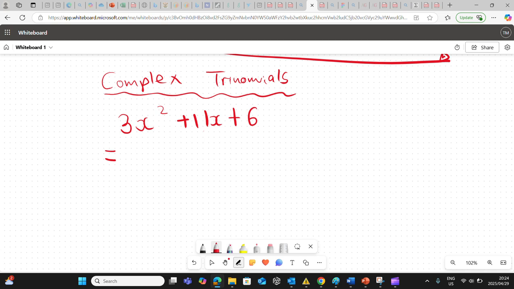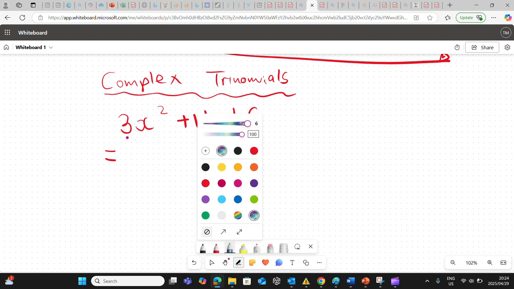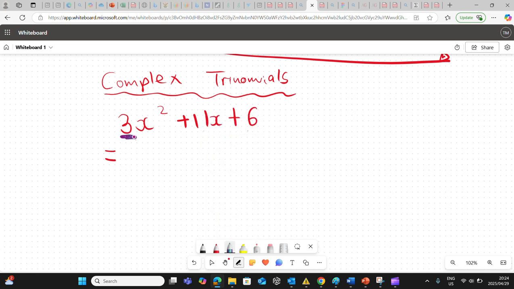What we can do is we can take this guy, the 3 that you see in front, and we can multiply him with that 6 that you see at the back. So what am I doing? I'm multiplying the 3 and the 6. And if I do that, the 3 goes away from there.